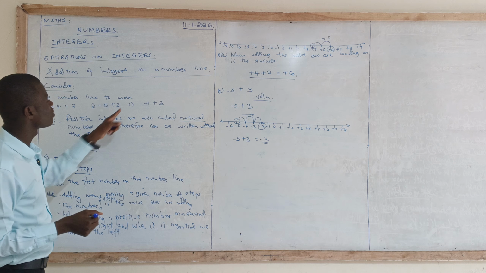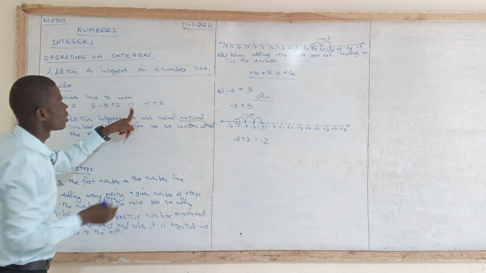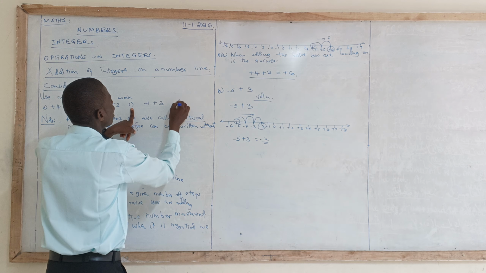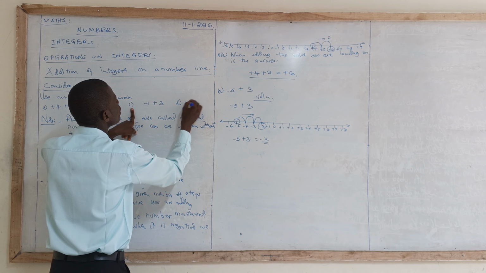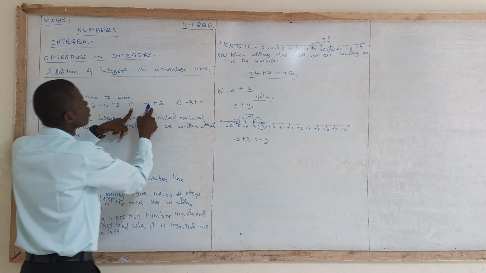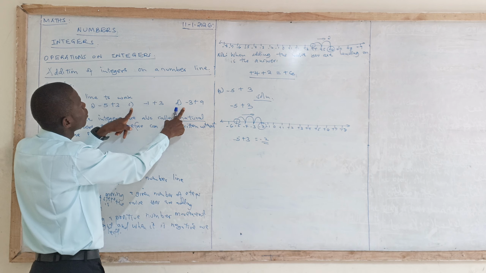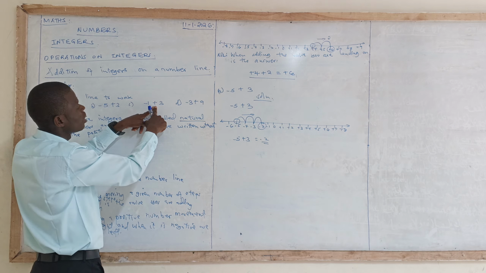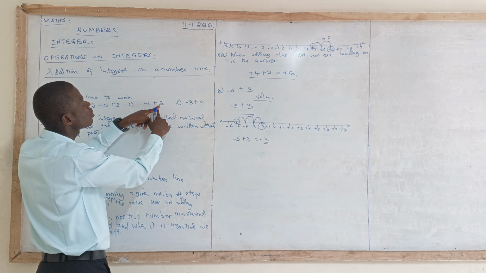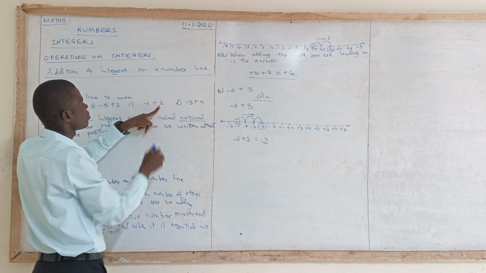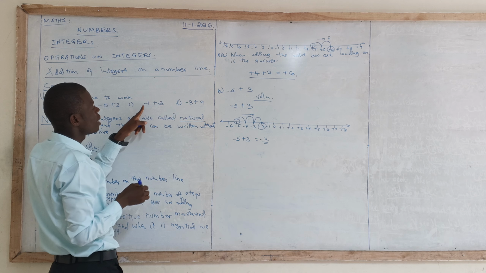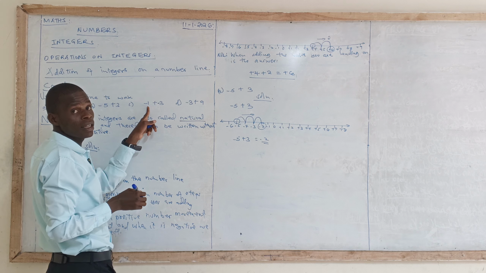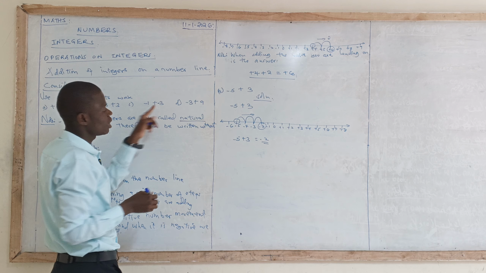Now, the next one we have C. Then let us add our D here: negative 3 plus 9. So why am I adding D here? Because I want to manipulate this C. So instead of adding a positive here, let us write negative.